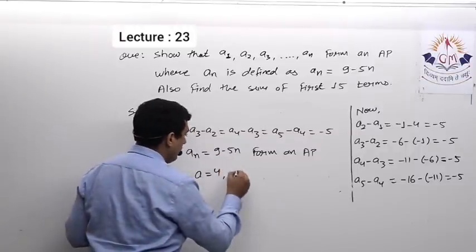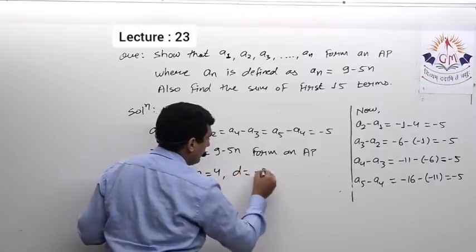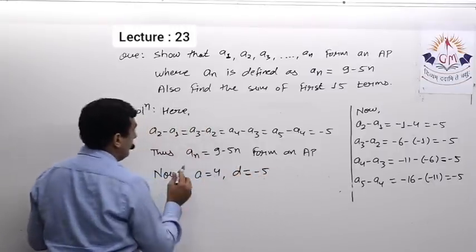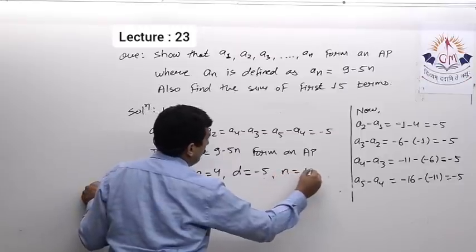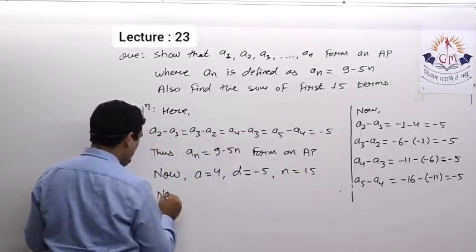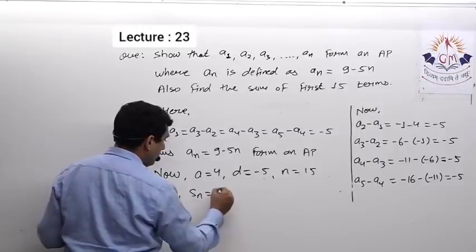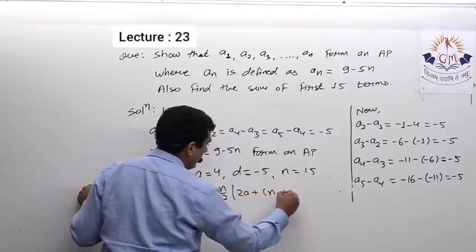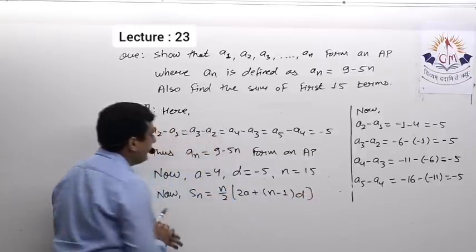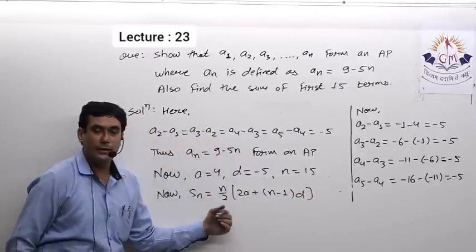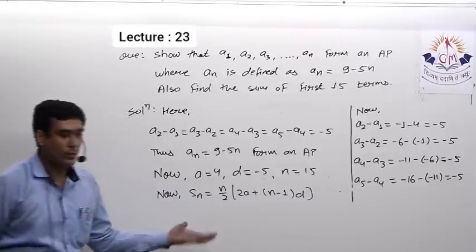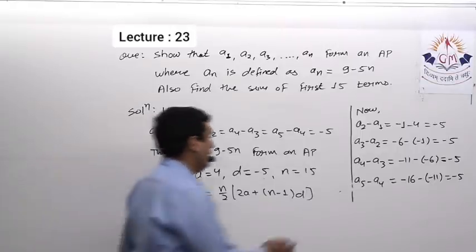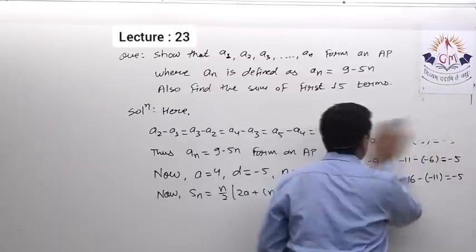So a is 4, d is minus 5, and n is 15. Now Sn is equal to n by 2 into 2a plus n minus 1 into d. So when you keep the values of a, d and n over here, you will get the sum of n terms. Let us see that over here.